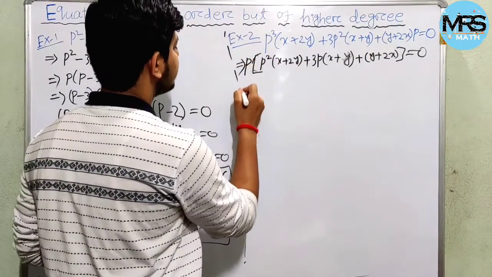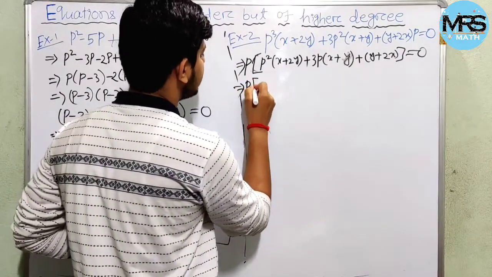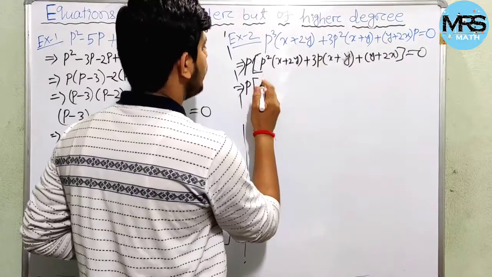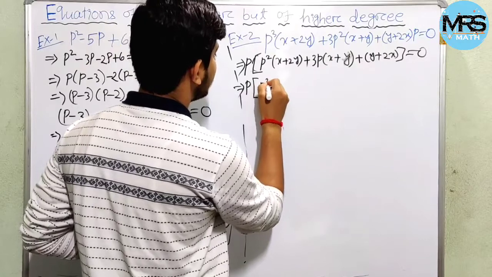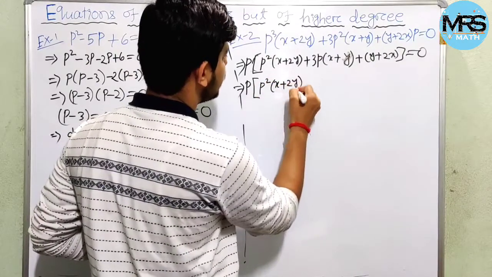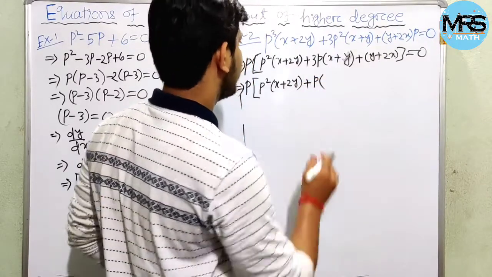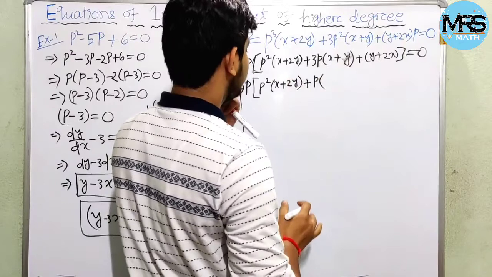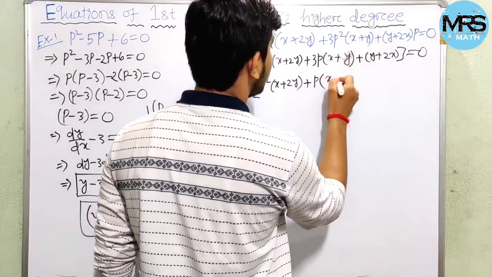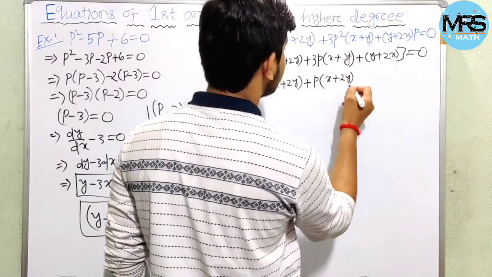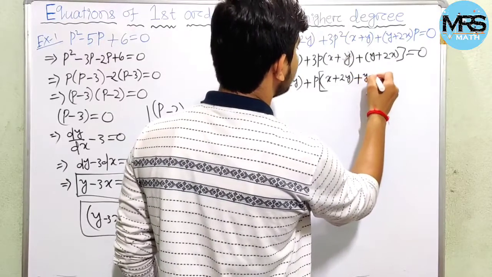Now come to the second line. This p has been taken common, so now we will factorize this term in the form of p. So you will get p squared into x plus 2y, plus p into, you can write 3x plus 3y as x plus 2y plus y plus 2x.